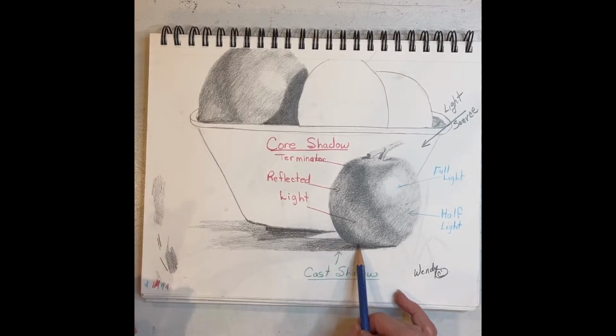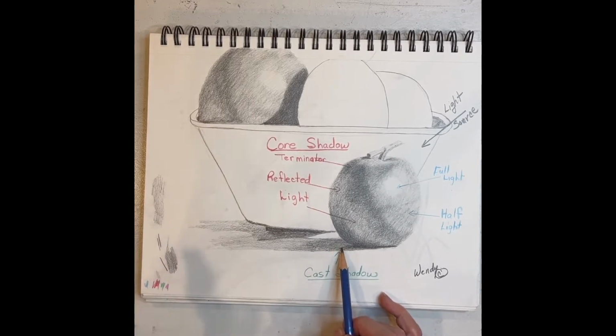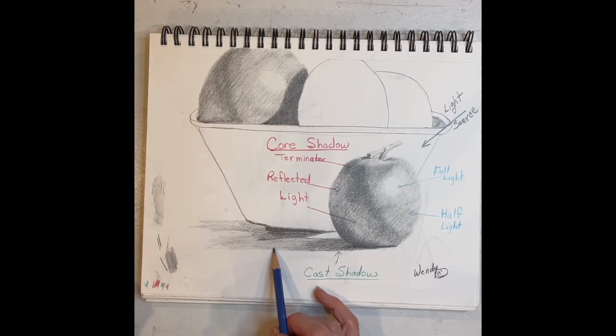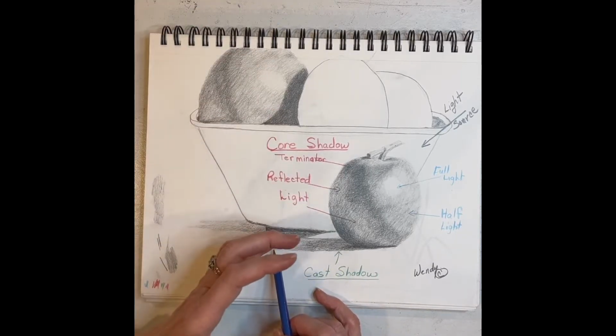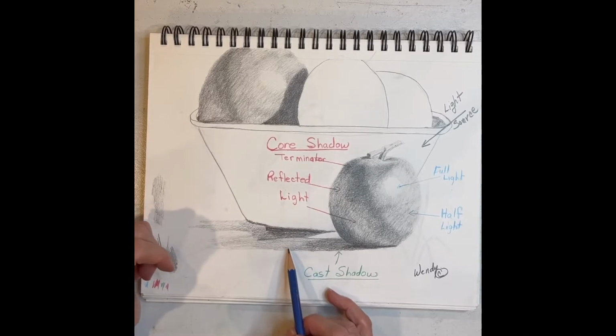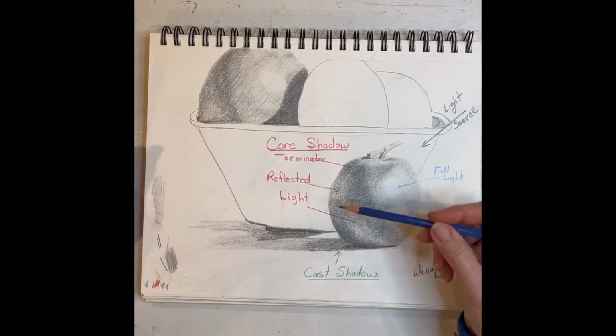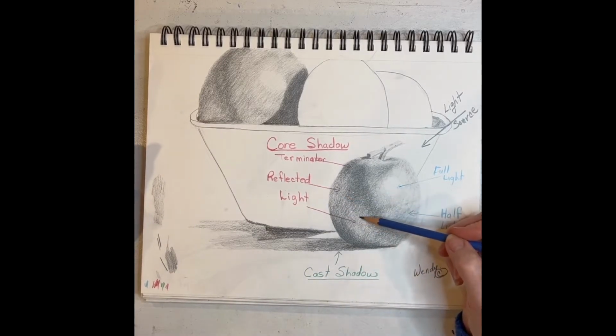And that's what happens on any of these little crevices that you have in your drawing. So as you come out, the cast shadow is going to get lighter and lighter as the effects of the reflected light hit it. And of course the edges will get softer too, again, from that softening effect of the reflected light. And that's going to happen here as well.